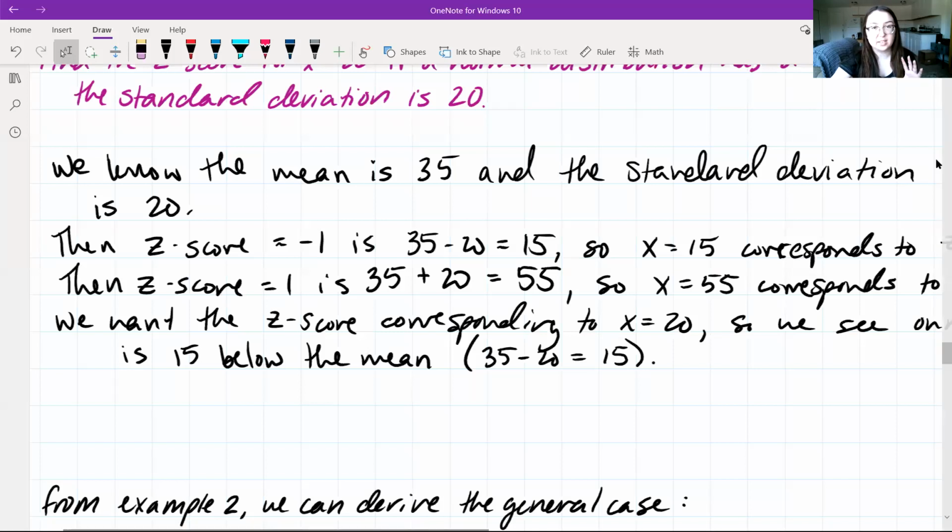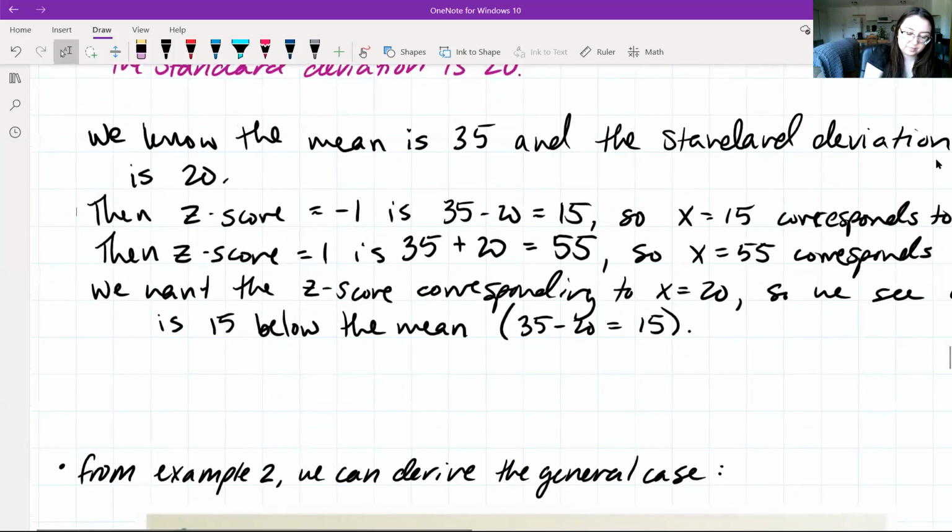We see that our x value of 20 is going to be 15 units below the mean. And we know that our standard deviation is within 20 units of 35. So we say then, since our standard deviation is always the value of 20, it doesn't matter if it's 20 less or 20 more, standard deviation is always just 20.